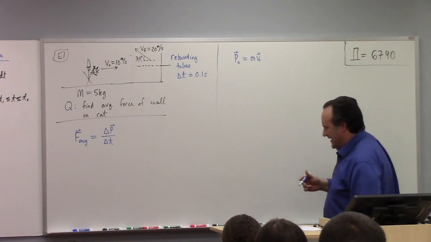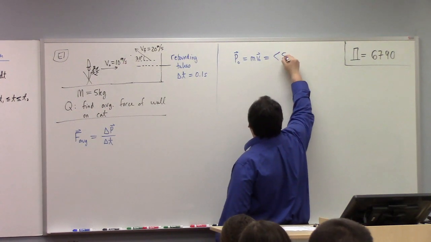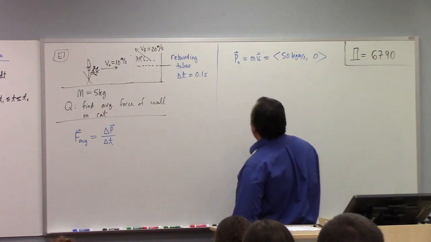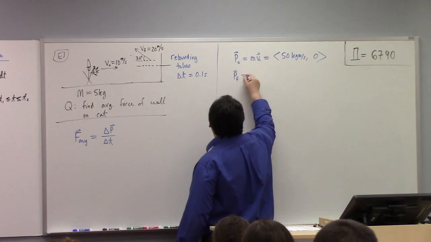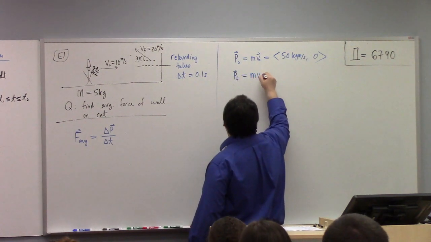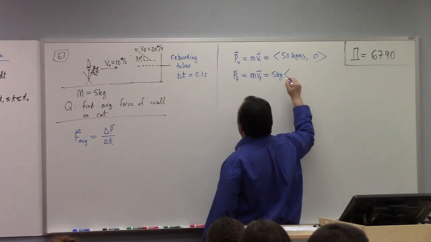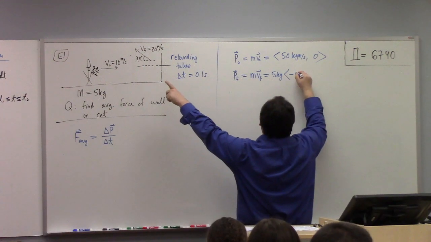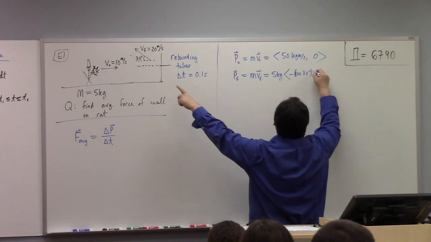Uh-oh, I seem to have developed a cough. So P0 is 50 kilogram meters per second, 0. And Pf, well, m vf, right? So 5 kilograms times minus the cosine of 30 degrees times 20 meters per second.